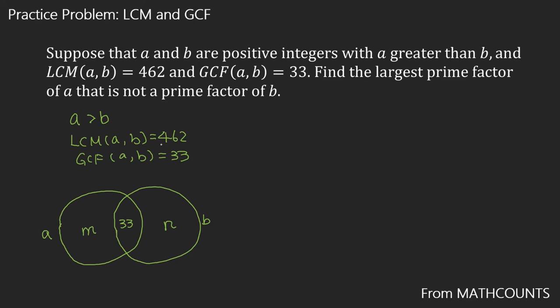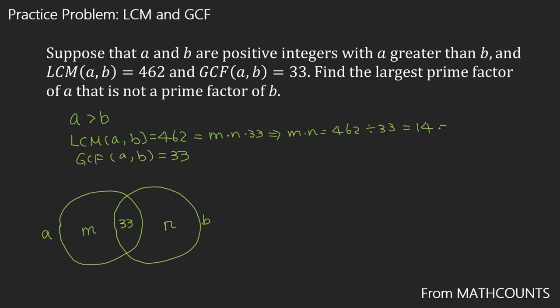And we know that also equals 462. So 462 is equal to M times N times 33. Okay? And from here, we can derive that M times N is equal to 462 divided by 33. And that equals 14.